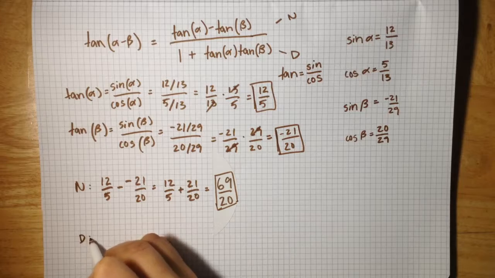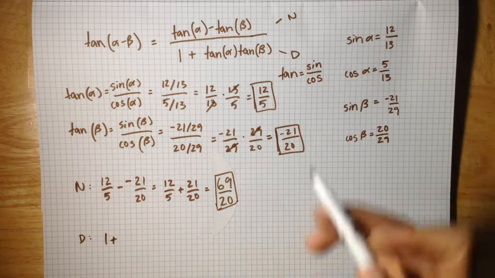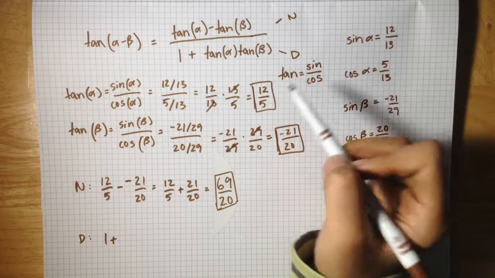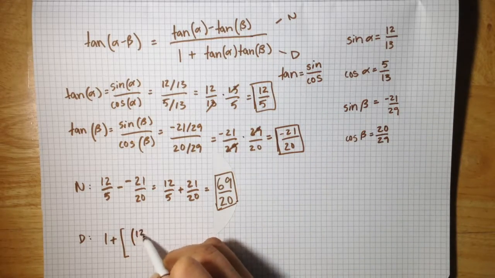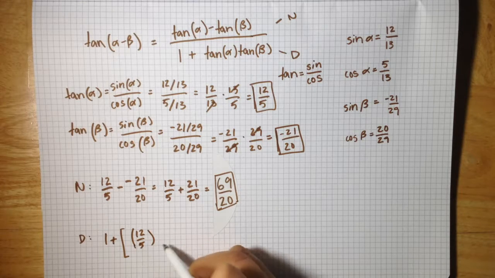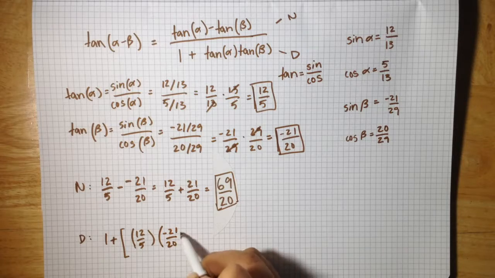The denominator is 1 plus tangent of alpha times tangent of beta. So tangent of alpha is 12 over 5 times tangent of beta is negative 21 over 20.